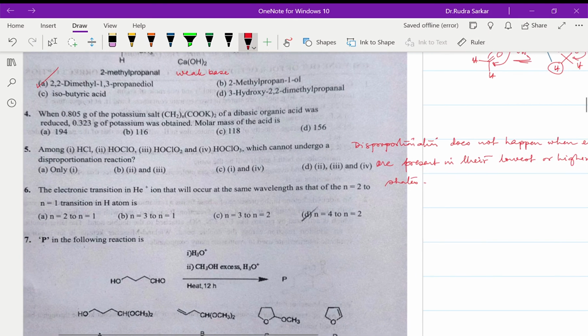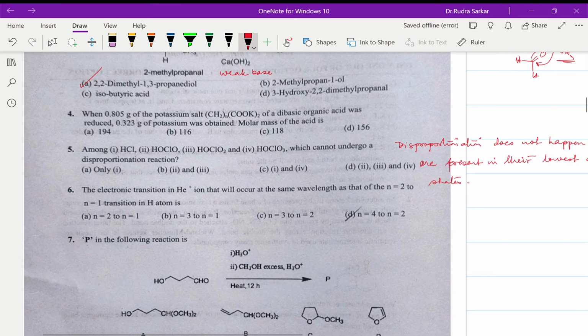So if we check for HCl, it is Cl-1, which is the lowest oxidation state possible for chloride. And this one, that is HOClO, it is present in oxidation state plus 3.